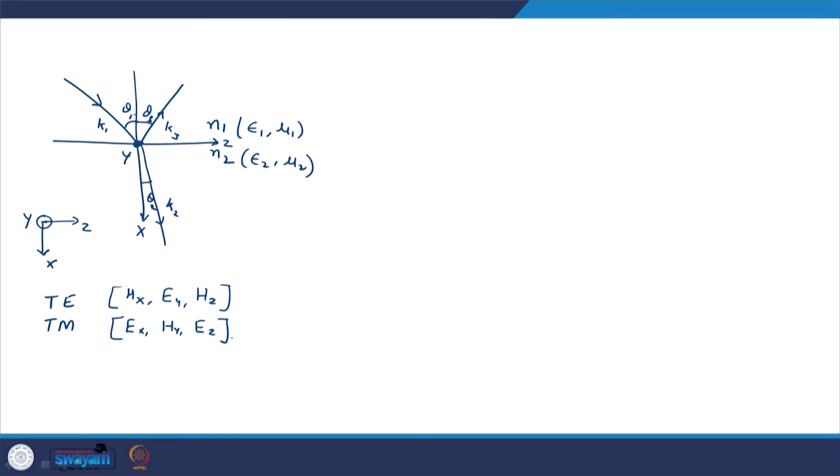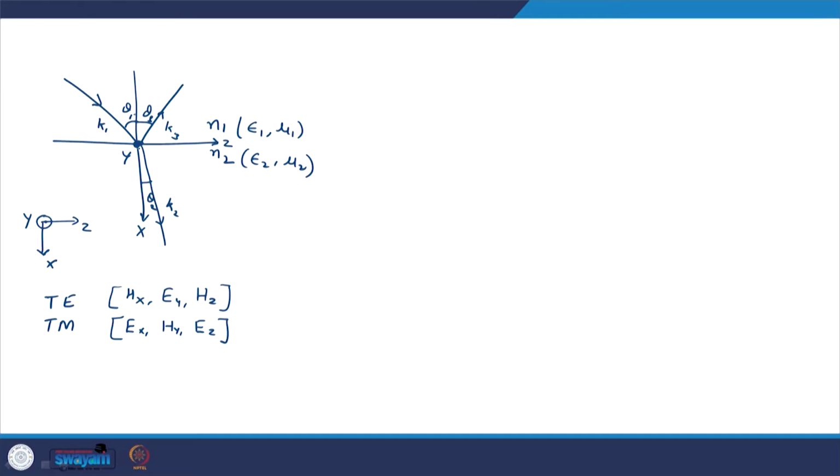That is defined like this: you have the plane of incidence, and this plane of incidence sees the change in refractive index. If the electric field component is perpendicular to the plane of incidence, then you say it is TE mode, and if it is the magnetic field component which is perpendicular to this plane, you call it TM mode.